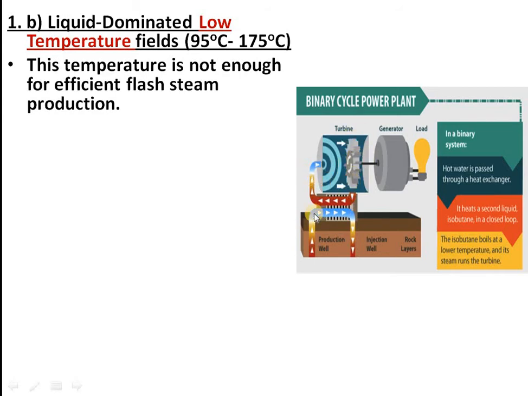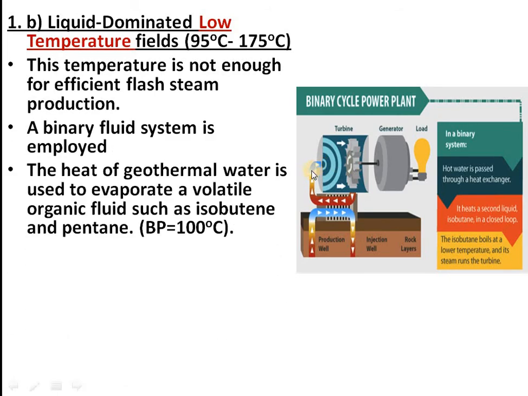Such cycles are called binary cycles because you have two circulatory systems. One is water taken from the underground, whose temperature is very high, and the secondary cycle uses another liquid like pentane or isobutane, which boils much faster than water, so it can be used to operate the cycle.